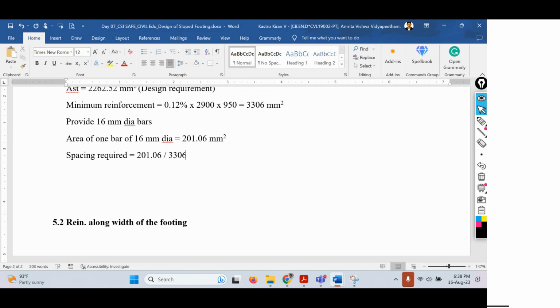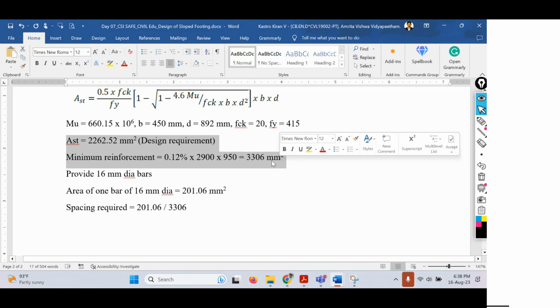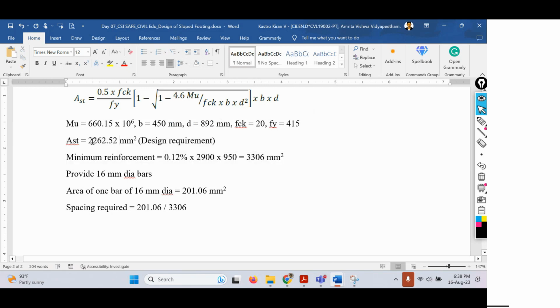See, you should not take this value. Why? Minimum you have to provide this much. Design requirement is this much, but you have to always provide the minimum reinforcement value. So among these two values, whichever is the highest value, that you have to provide. So don't always provide directly this one.